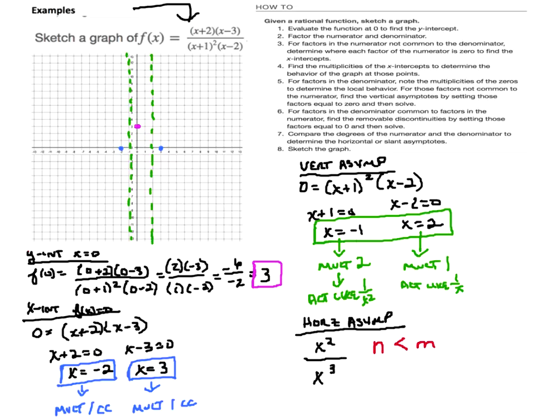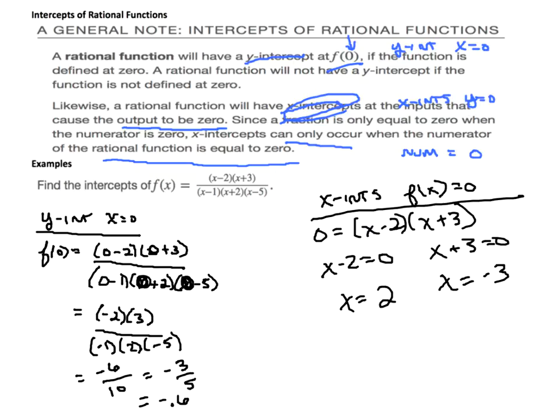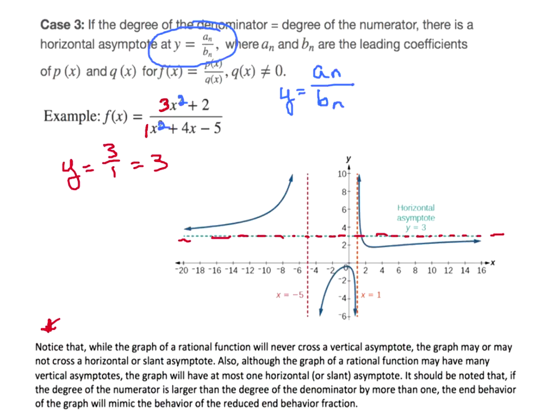So n, the degree of my numerator, is less than the degree of my denominator. Since n is less than m, if I remember correctly, this means we're going to have a horizontal asymptote at y equals 0.